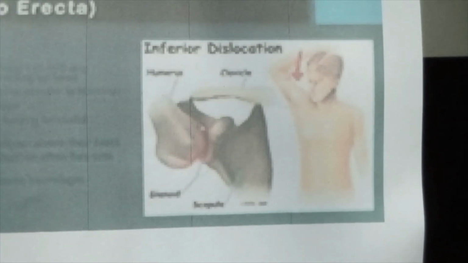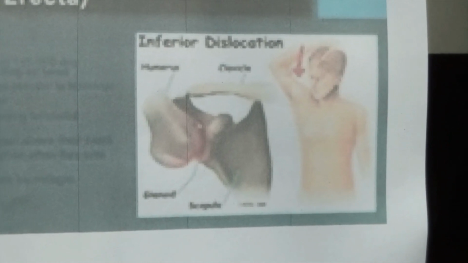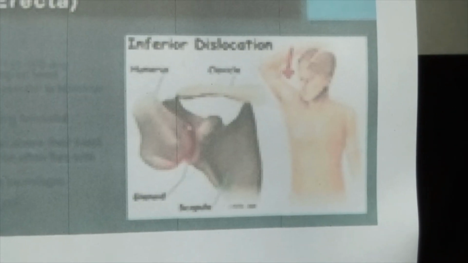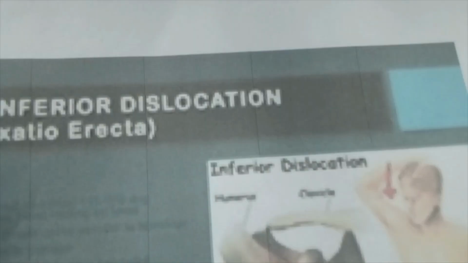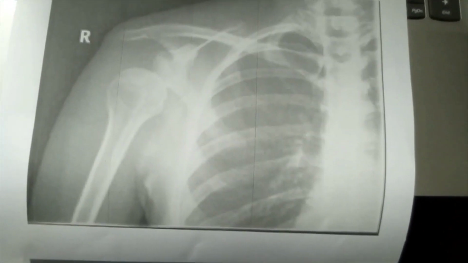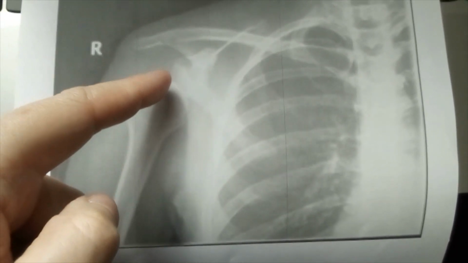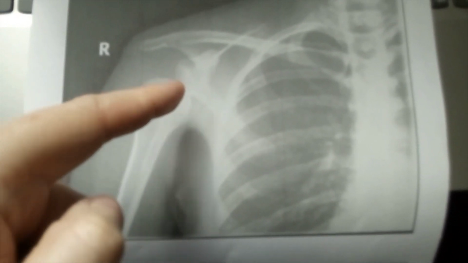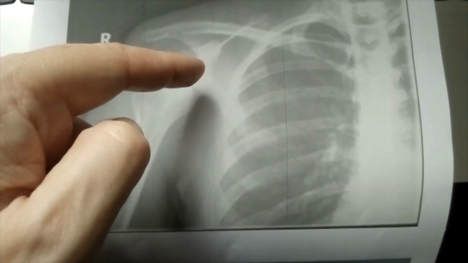With this one, surgery is usually the best option in terms of treatment. And again, if we look at the X-ray of an inferior dislocation, you can see it's just dropped down, and it's not pushed right up in that socket.